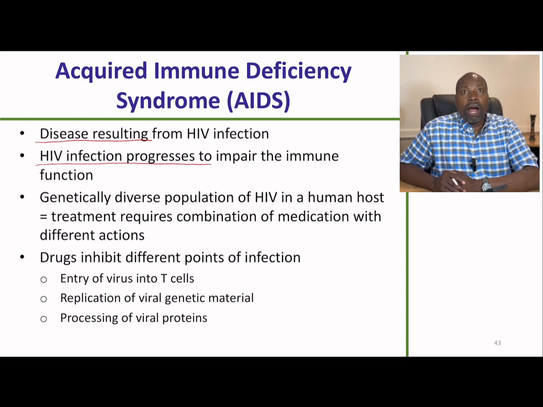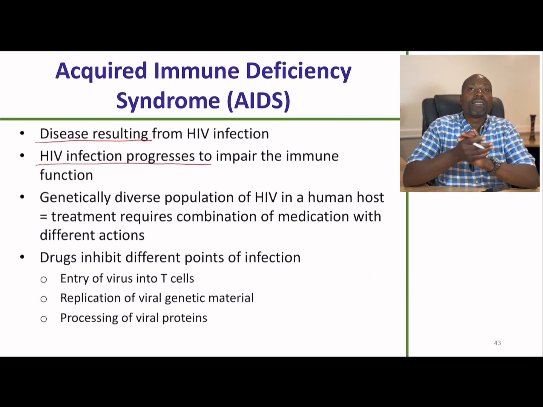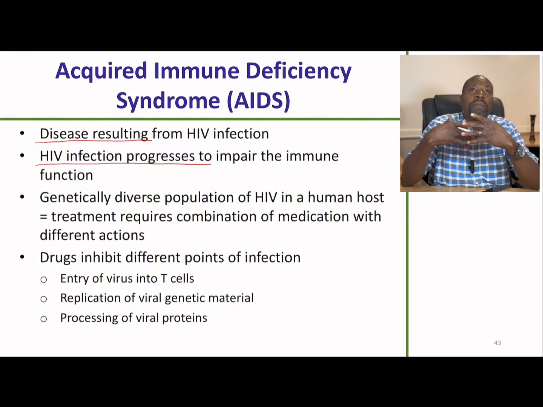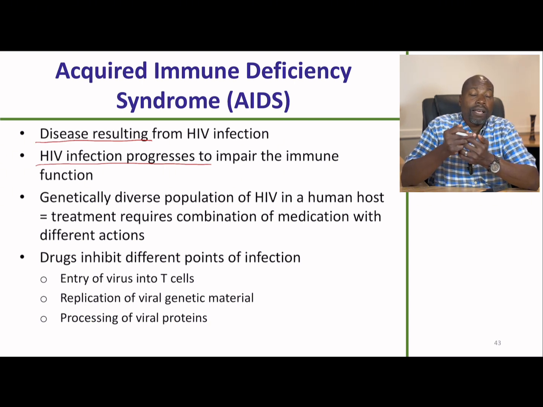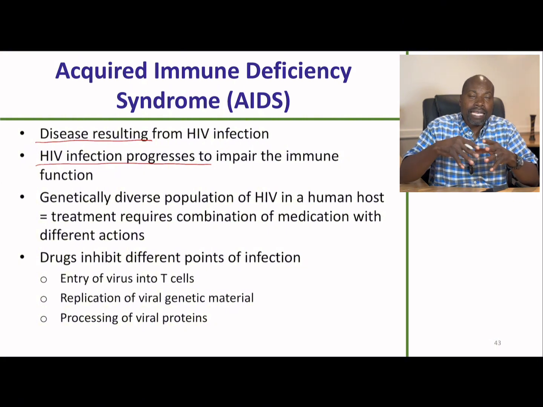So there are ways to tackle the issue, right? By using antivirals. These antivirals can attack many aspects of the virus. They can attack the entry of the virus to prevent the virus from getting inside of our cells.